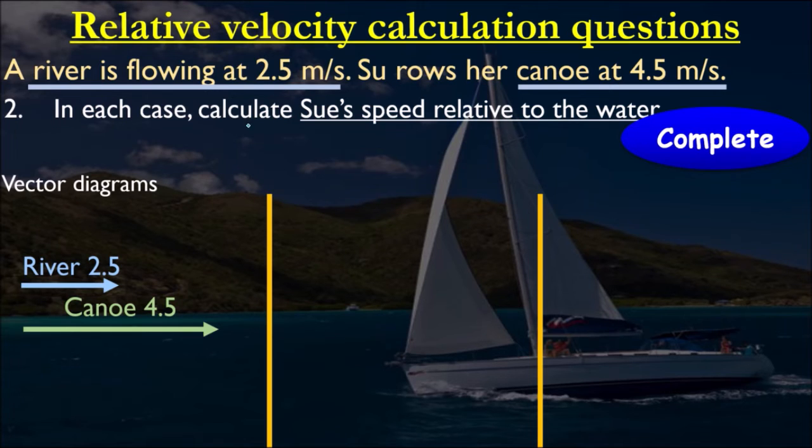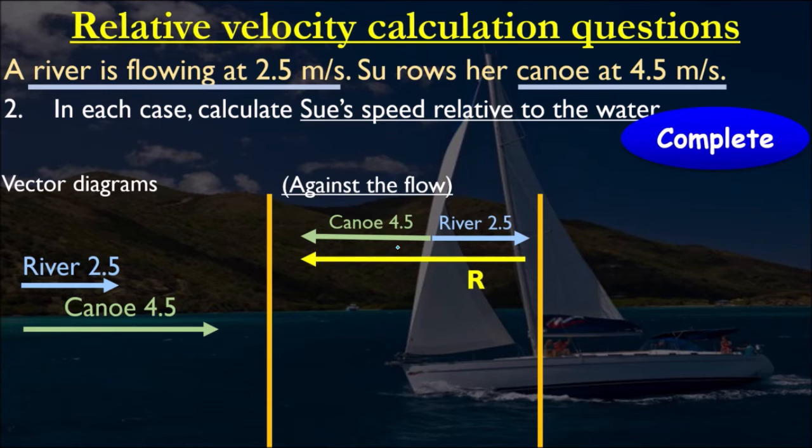So we have a river that flows at 2.5 meters per second, and Sue rows her canoe at 4.5 meters per second. We've already talked about that. What is her relative speed because of the water if we draw out these vectors here? If it's against the flow of the river, it's the same scenario as we had when we were saying we had two cars traveling away from each other.